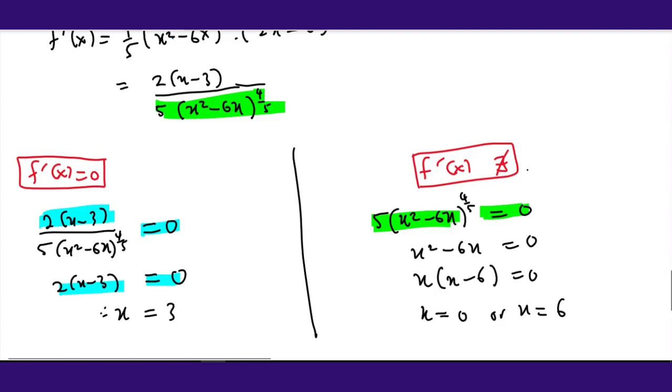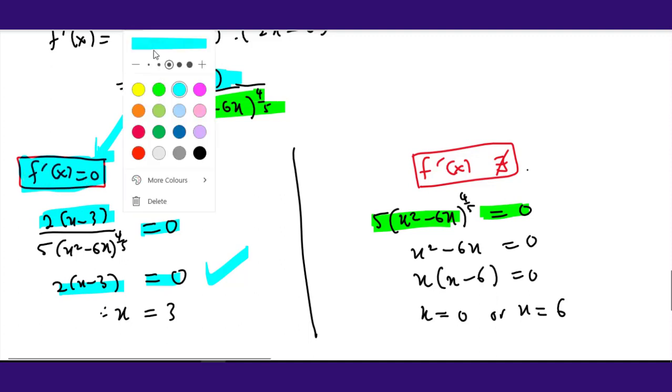As you can see, this is the numerator. Just take this one to find f prime of x equal to 0, to show that this is a critical point and also a stationary point.